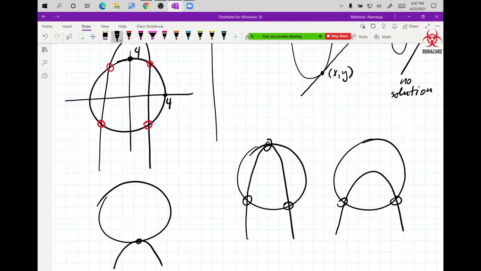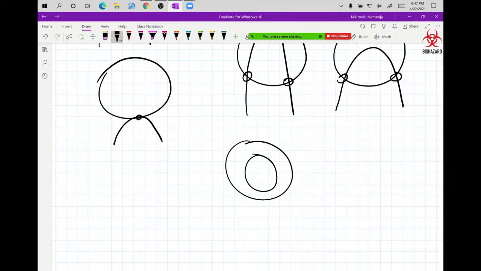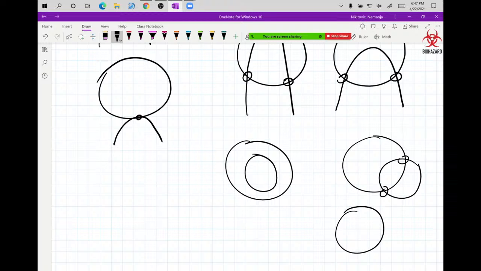If you remember for trig, its exam is coming up for equations. We said graph the left side, graph the right side, and see how many intersections you get on the interval that is given to you. Well, in this case it's pretty much the same thing, because I can have 2 circles, one inside the other, and they don't intersect at all. So no solution. But if I offset one circle, then we create 2 solutions, or we create 1 solution.